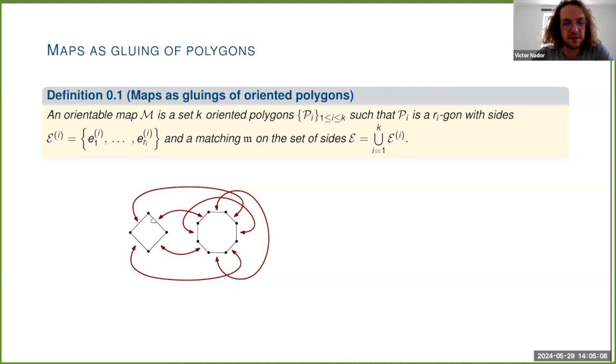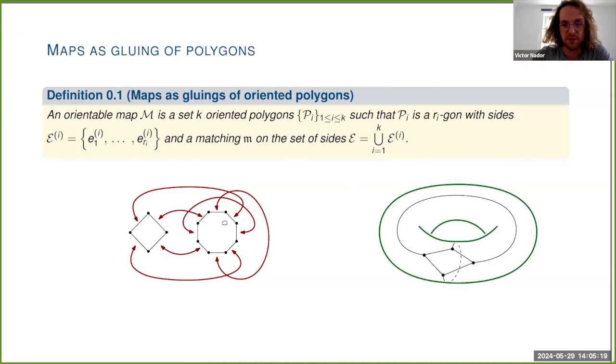And so these red arrows tell you how to glue the sides of the polygons together in order to recover a graph properly embedded on a surface. So here, for example, if I perform this gluing, I get this map on the right that is drawn on the torus, so with genus 1, where we can see that the square is here and the octagon is around there.